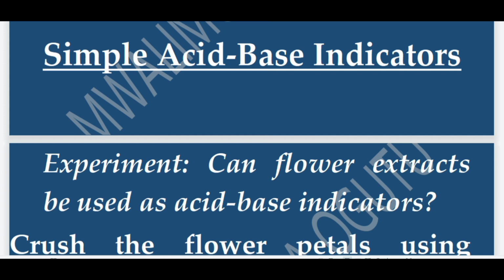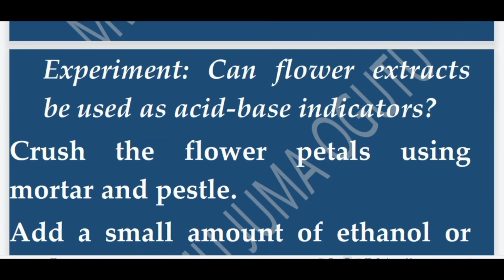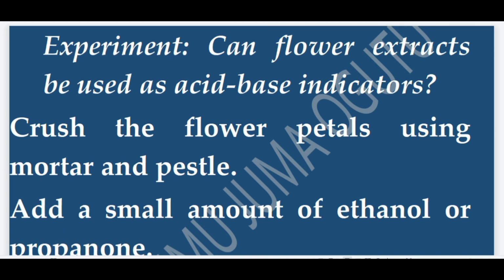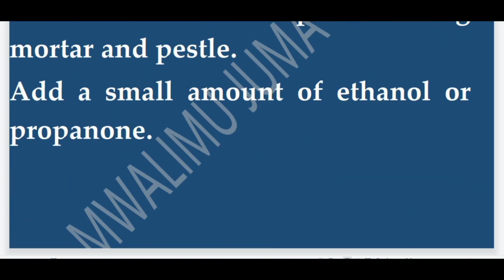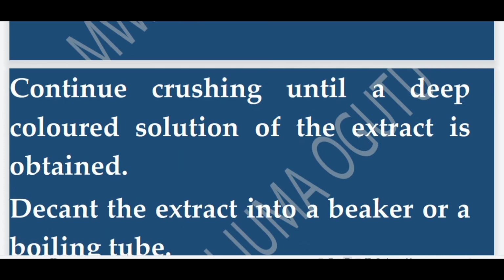The procedure is, first we crush the flower petals using a mortar and pestle, and add a small amount of ethanol or propanol. Then we continue crushing until a deep colored solution of the extract is obtained.